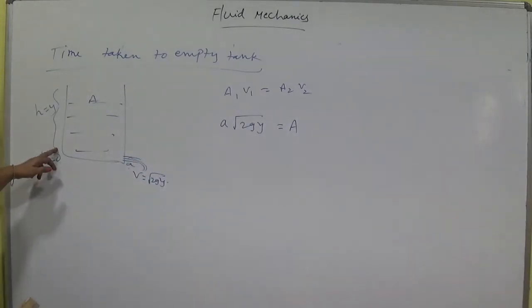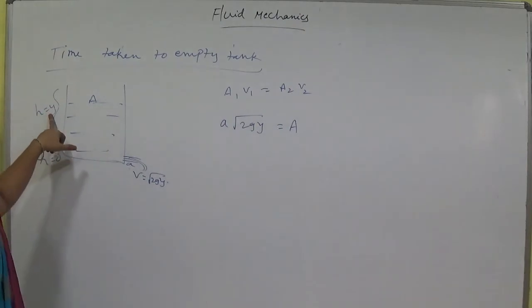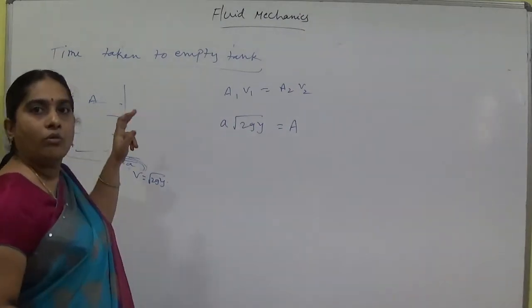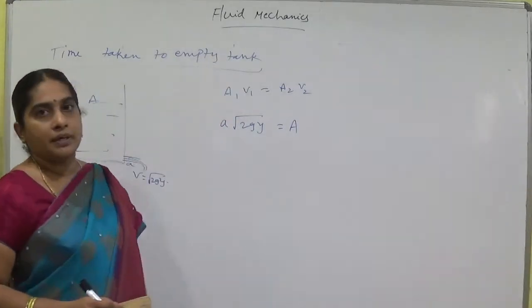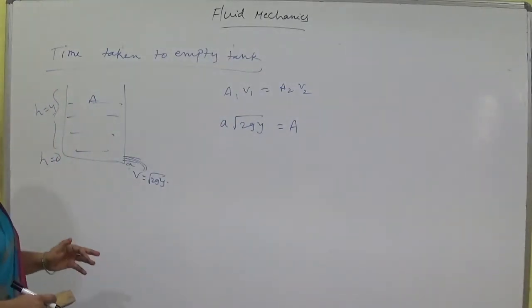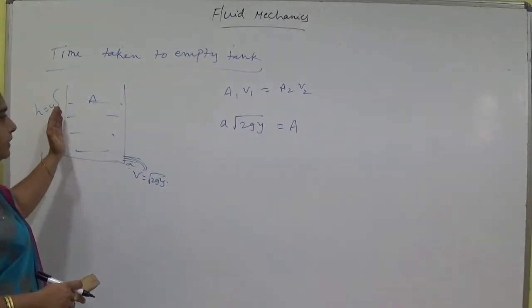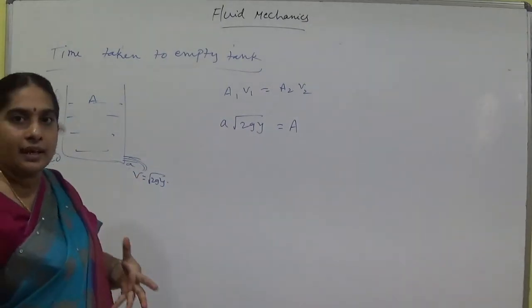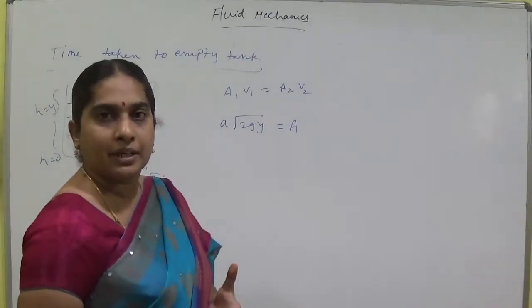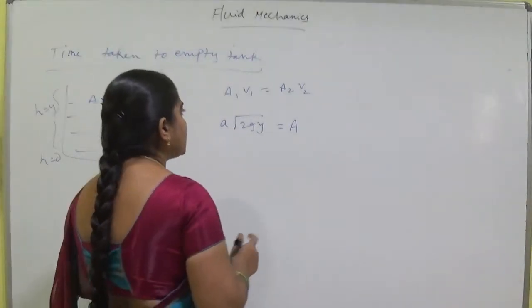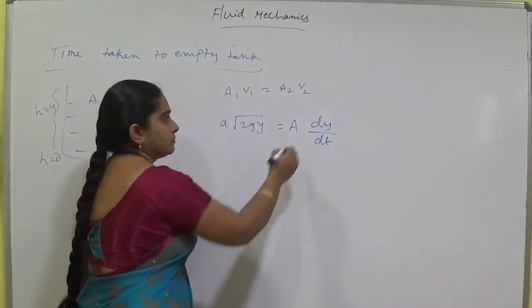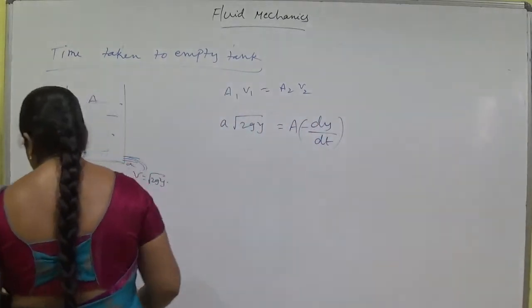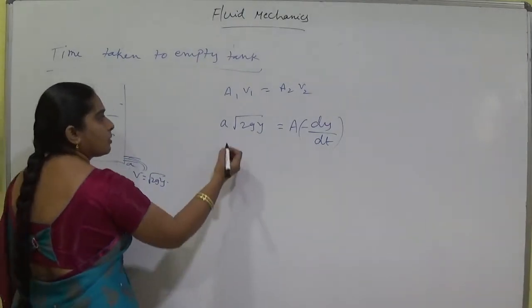Here the height of the tank is y. How much water flows in time t, the time taken to empty the tank, we do not know. So we take dy by dt.